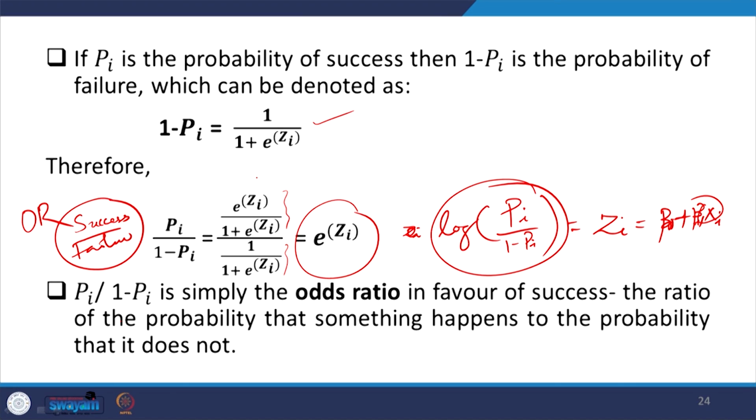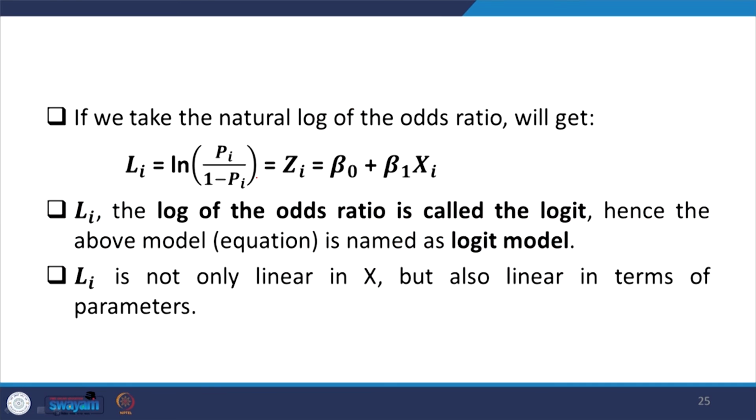And the odds ratio in favor of success is basically the success to failure ratio. If we take the natural log of that odds ratio, that is nothing but beta naught plus beta 1 x I, if you have only one coefficient to be defined. Okay. Then L I is the notation for log of odds ratio, also called Logit.